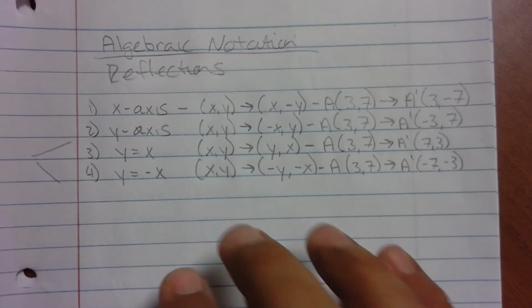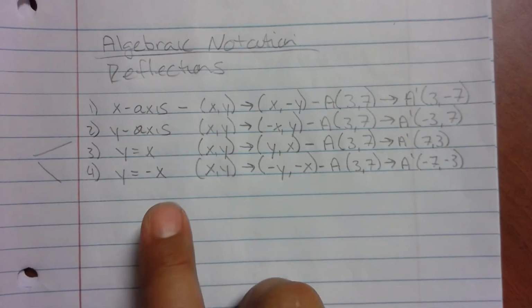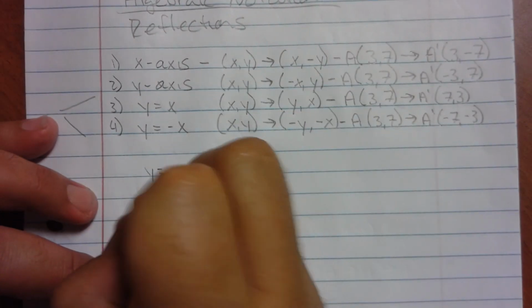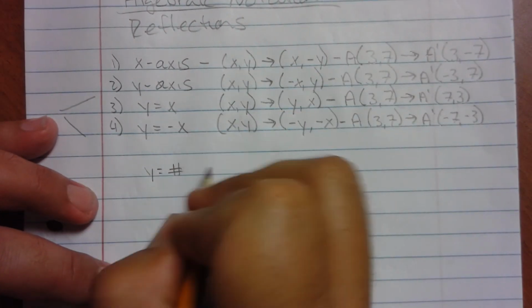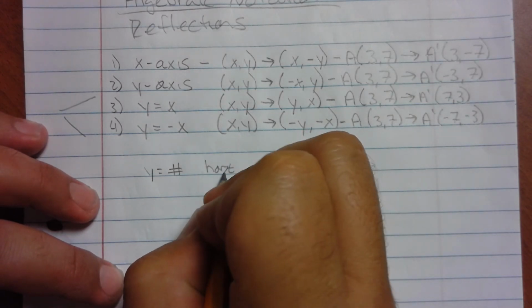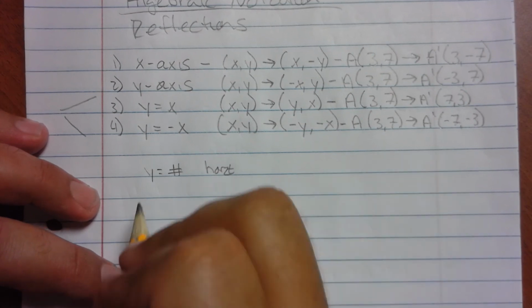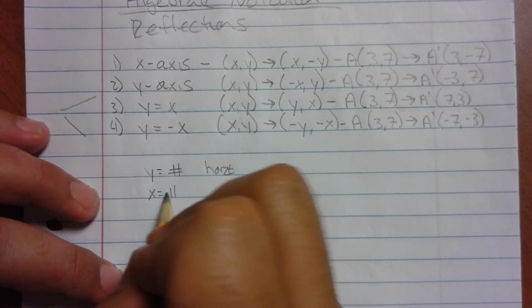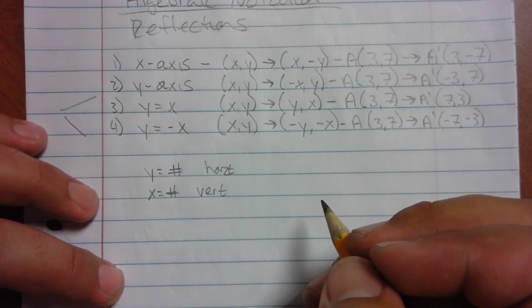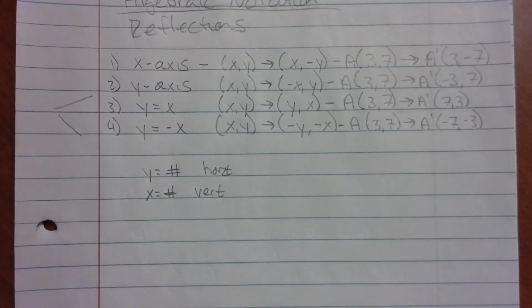Don't forget, for reflections, y equals a number is a horizontal line. At that number, x equals a number is a vertical line at that number. Okay. If you need anything, feel free to text me or Remind.